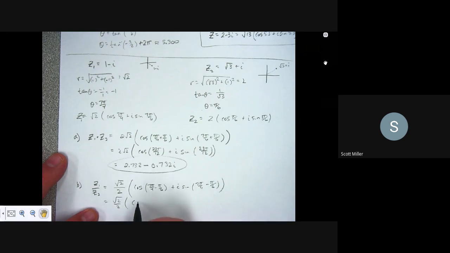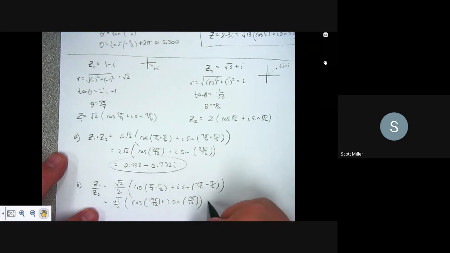If they want you to keep it in polar form, then you would be done at this stage. But if you need to put it back into regular form, just use your calculator and work these out and round to 3 decimal places.